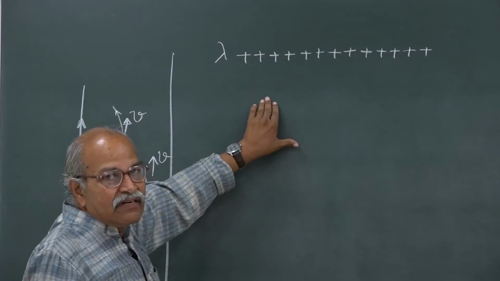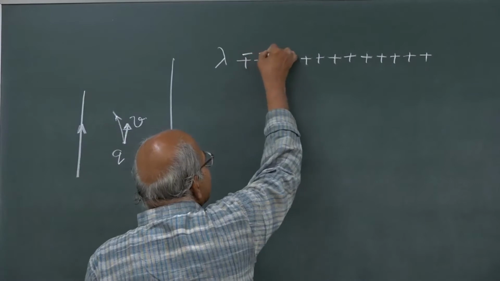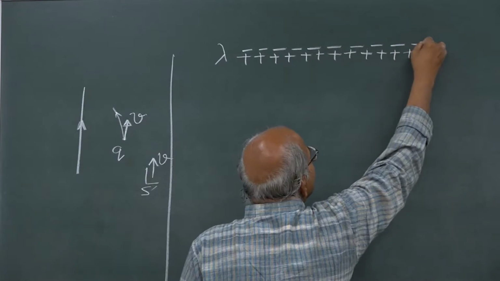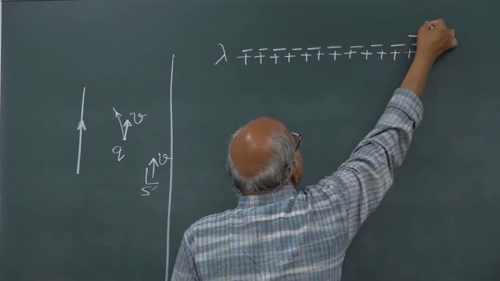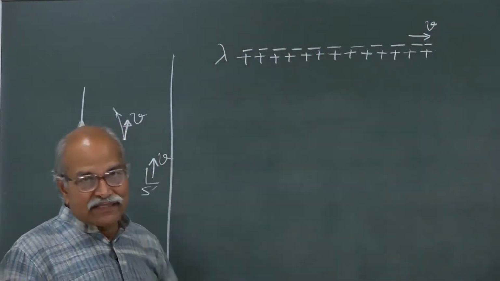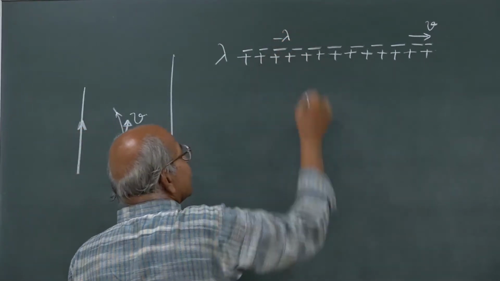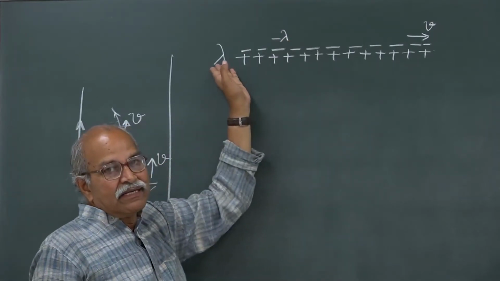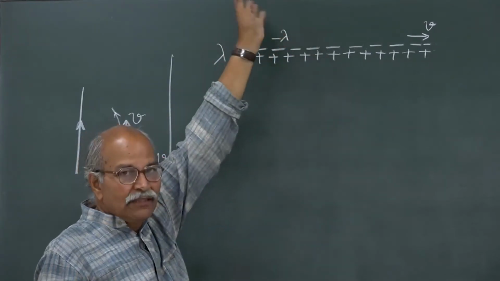And then I have a negative charge line also, a line of negative charges superimposed on this one, and this negative charge line moves in our lab frame with velocity v towards, say, the positive x axis, and the linear charge density here is minus lambda. So, equal magnitude and opposite sign, and therefore, if you look at the electric field here, the electric field will be 0 and all that.